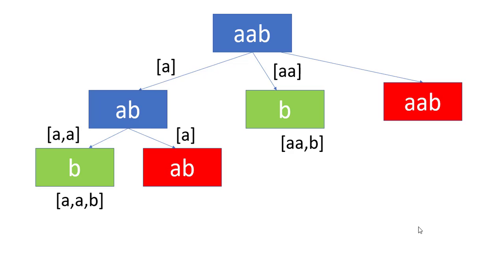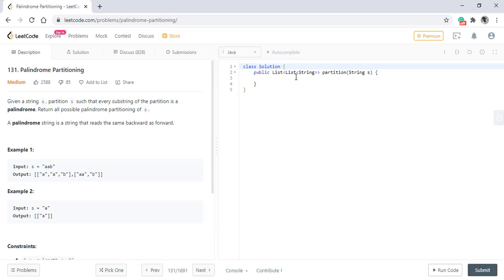So let's see how we can code this. We need to do a DFS on the string starting from the 0th index till the very end and add the values into a list at each step if that particular string is a palindrome. So we'll have a method DFS which will start from the string, passing the index 0 and a new list into this.